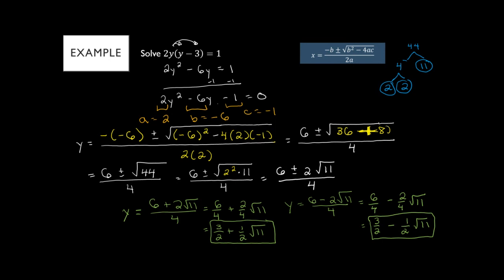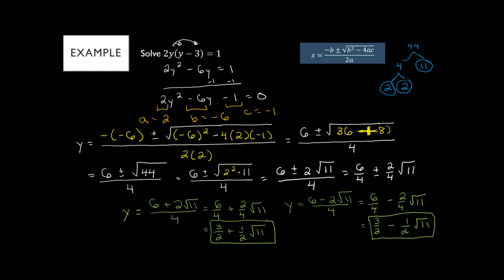So if you wanted to save a little bit of space, what I could have done is actually split these up with a plus or minus symbol in between, and reduced at that point if I wanted to. So that's an alternative step to do.